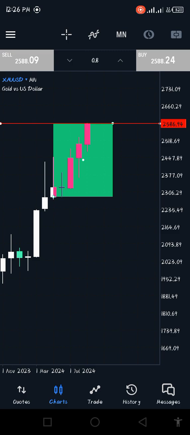So we can delete all that. Before we delete all that, what if price was at the center of the box? We could have deduced that price has been consolidating. And what do we do when price is consolidating? We just avoid the market and I just move to the next pair. What do we do when price is at the bottom of the box?